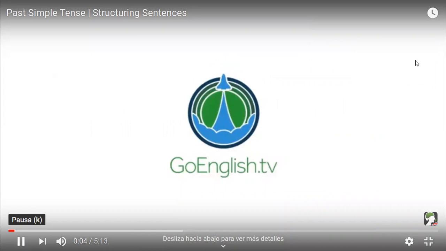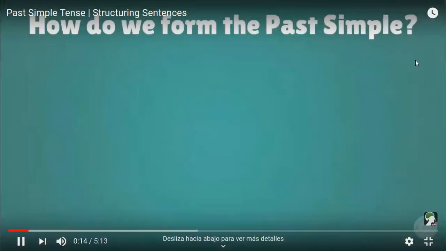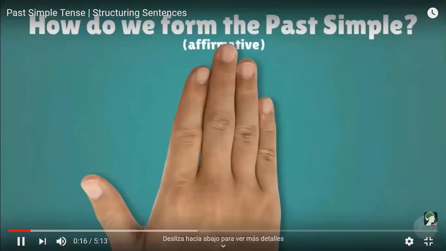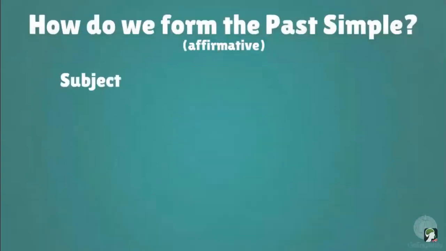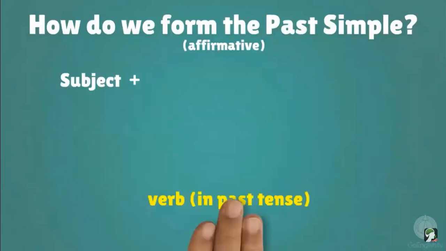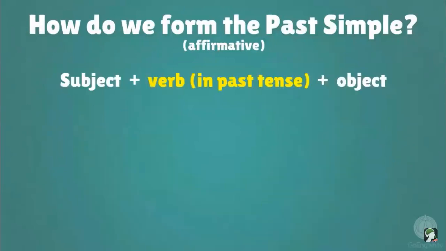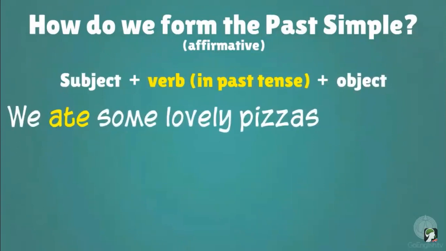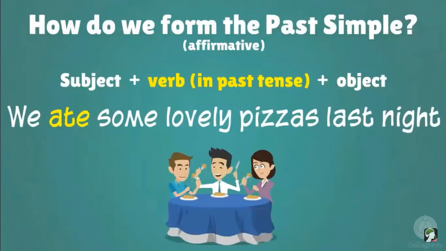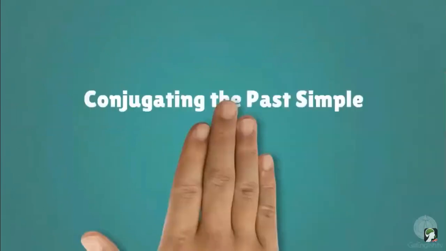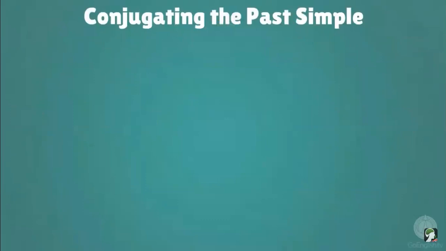How do we form the past simple? Affirmative. Subject. Plus. Verb in past tense. Plus. Object. We ate some lovely pizzas last night. Conjugating the past simple. Affirmative.